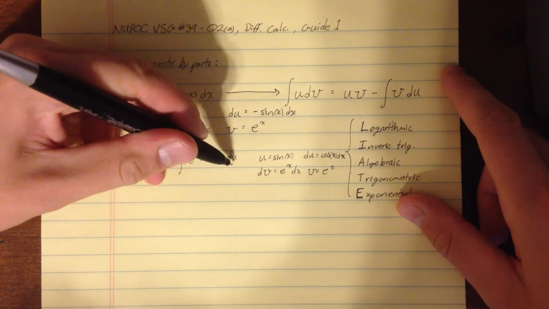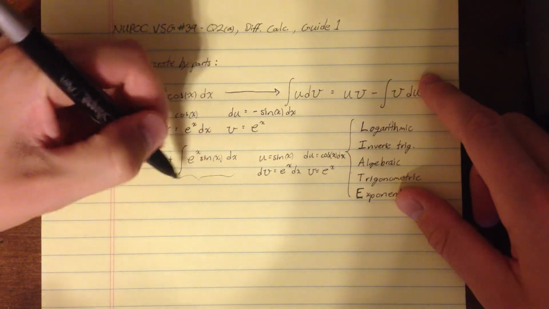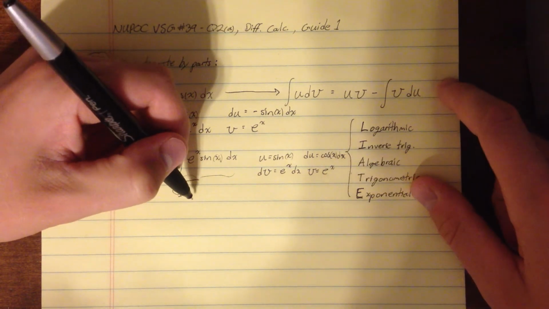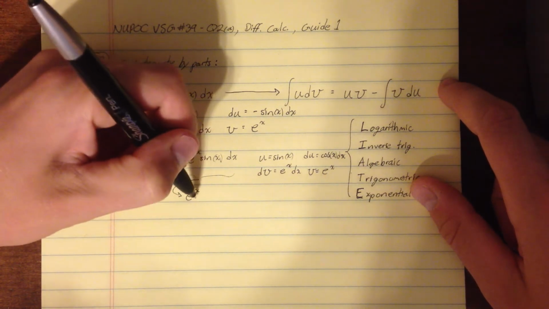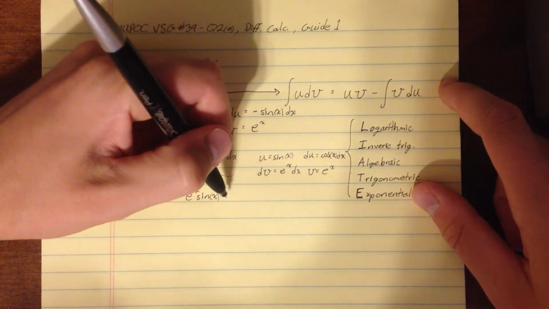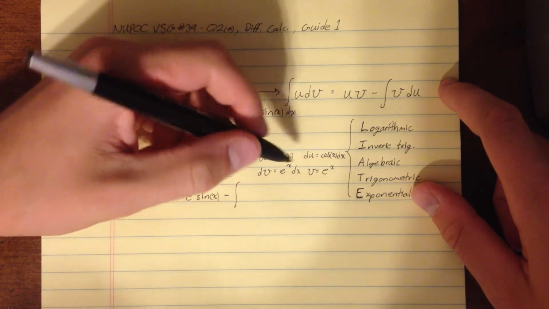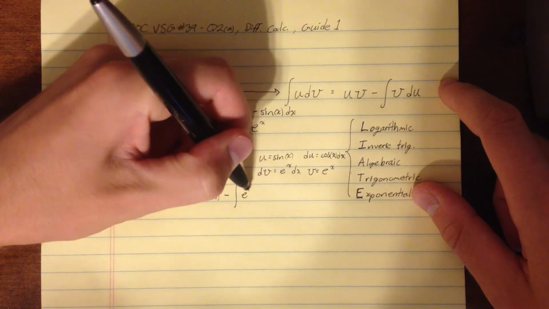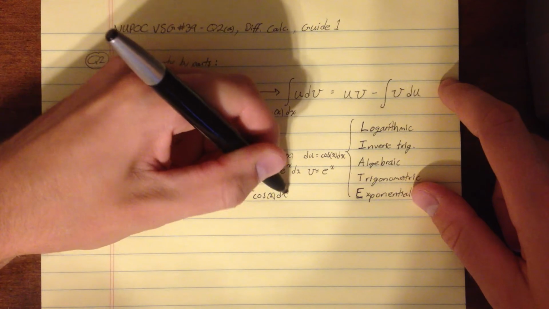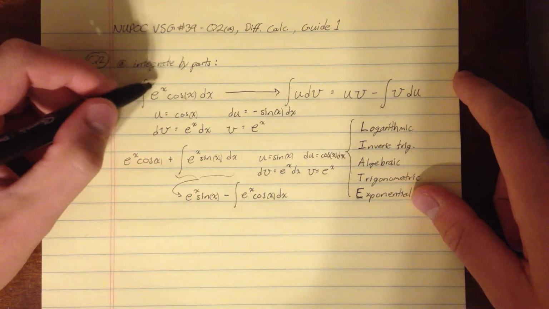Now let's take this whole term and apply the integration by parts formula a second time. We will have u times v again, so e to the x sine of x, minus v du, so e to the x cosine x dx. This integral is the exact same thing as our original integral.